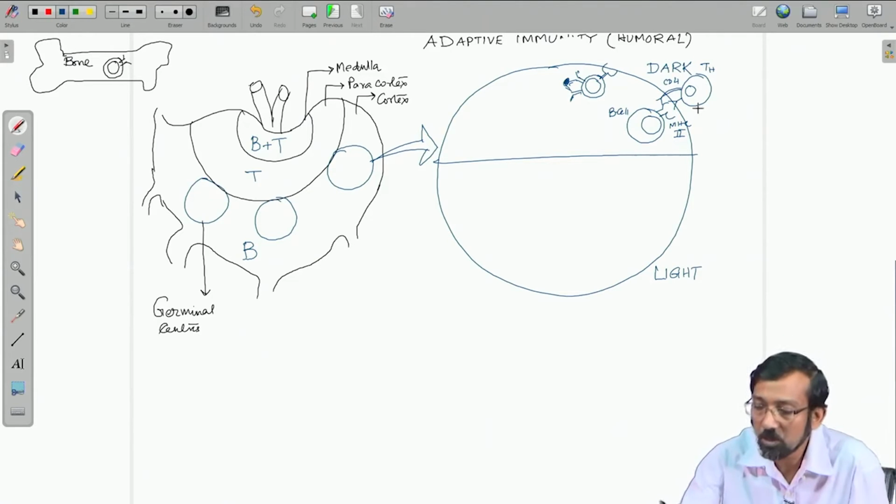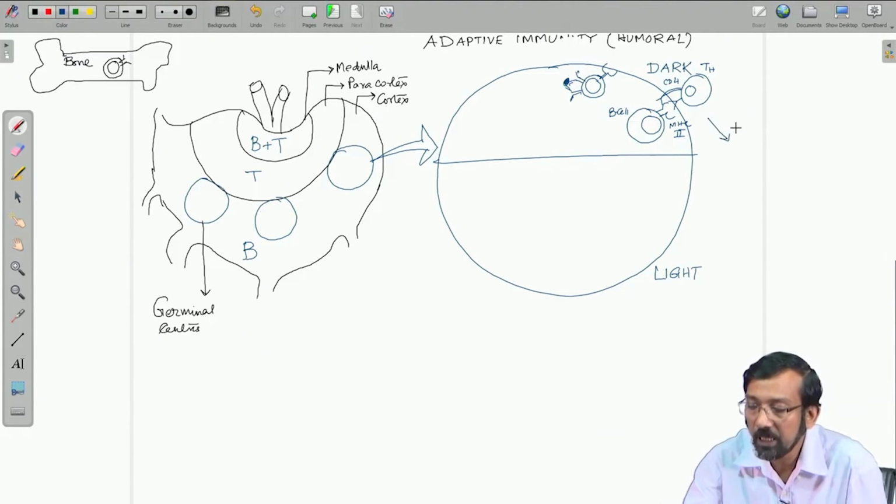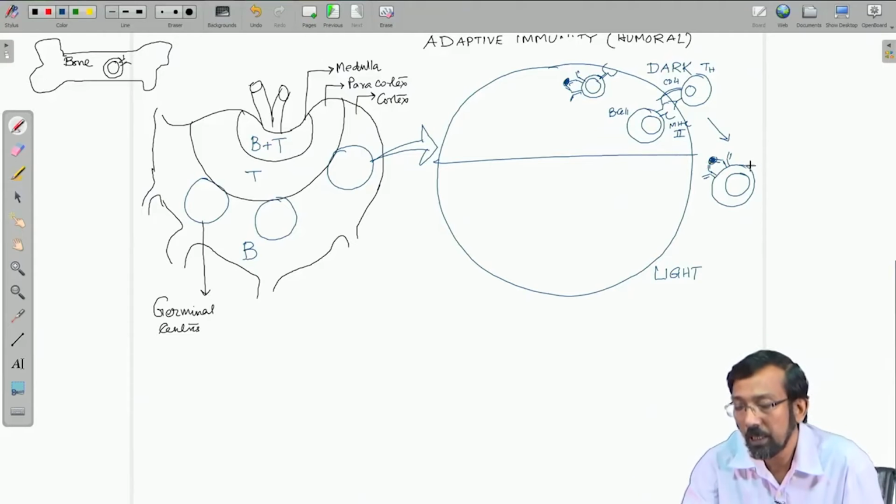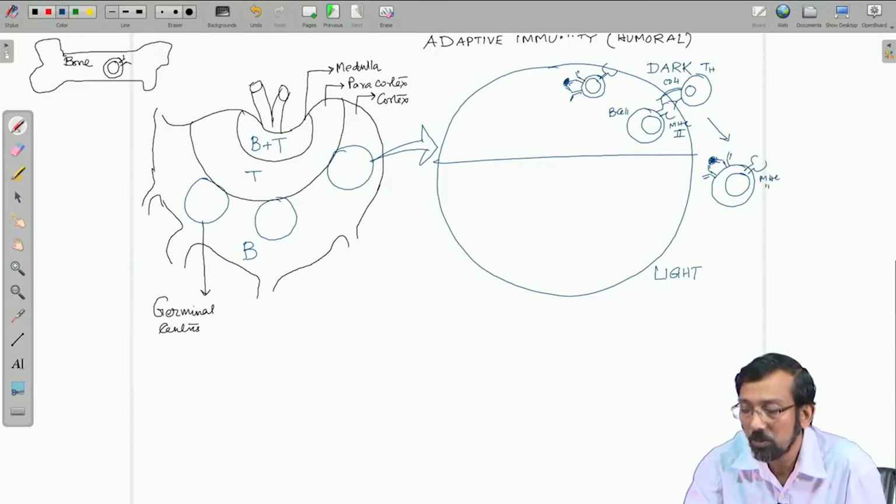One of them is, so let us see what exactly happens. Let us say this is a B cell expressing immunoglobulin bound to the antigen, leading to the expression of the MHC class 2, and then you have a helper T cell, the TH cell.